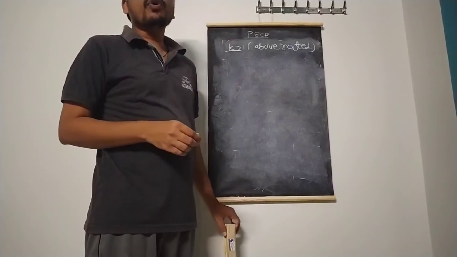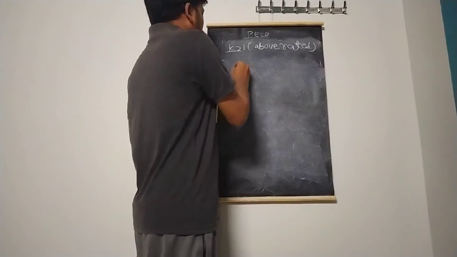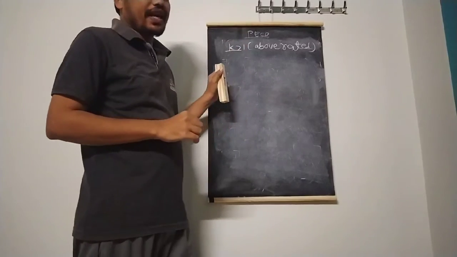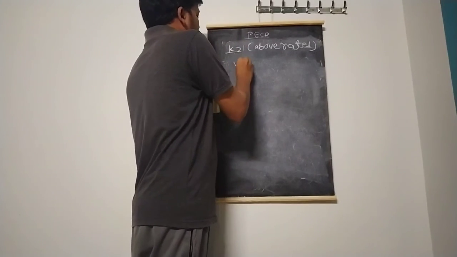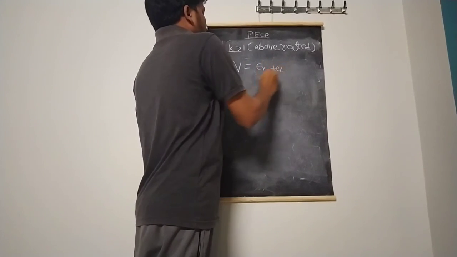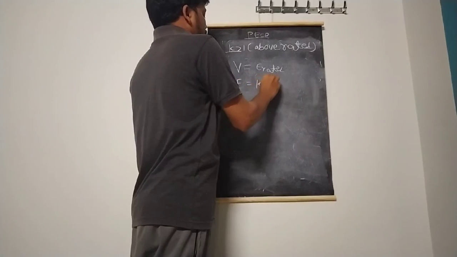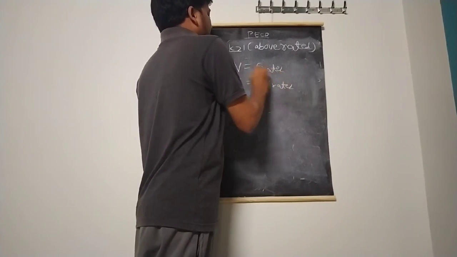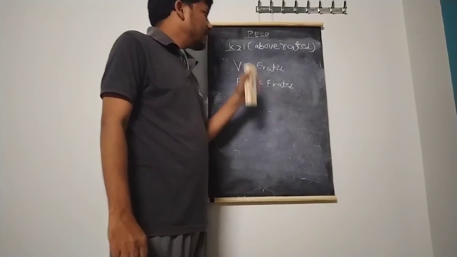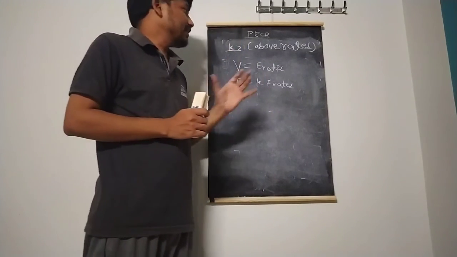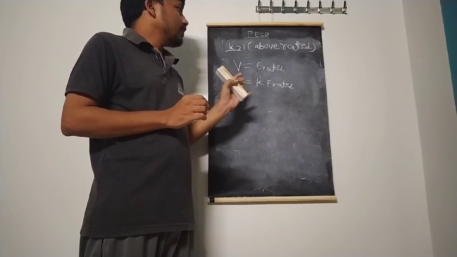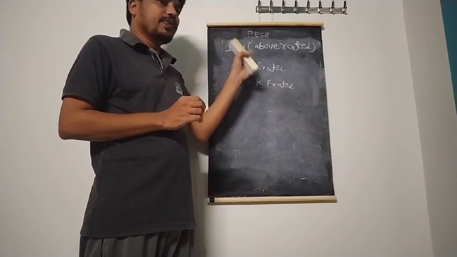For above rated speed, that is K greater than 1, the voltage V is still V rated, but the frequency is equal to K into F rated. Because the K term does not exist in the voltage in this K greater than 1 case, the reason behind that is that above rated voltage is not possible. Therefore, if you want above rated frequencies, above base speed is available.